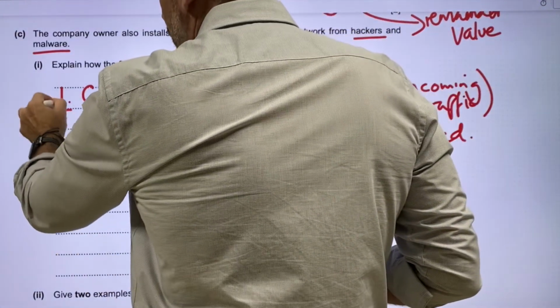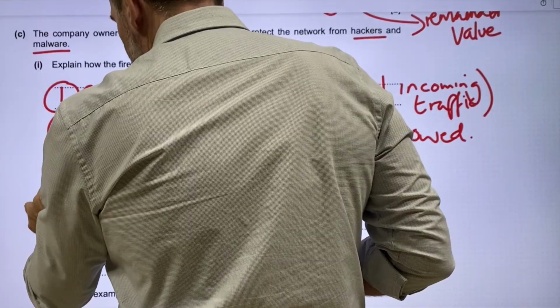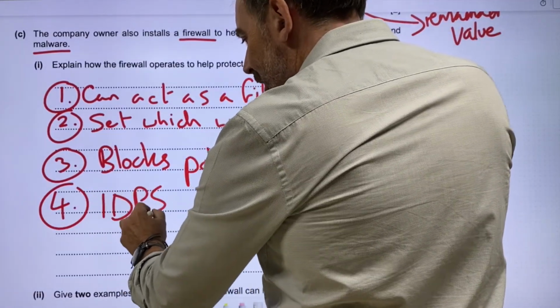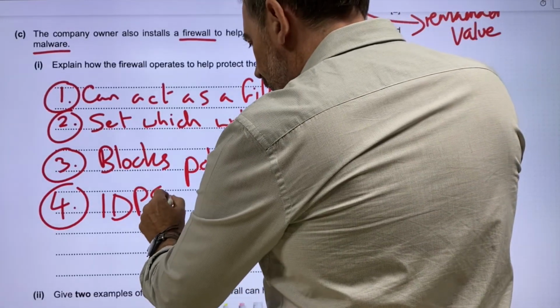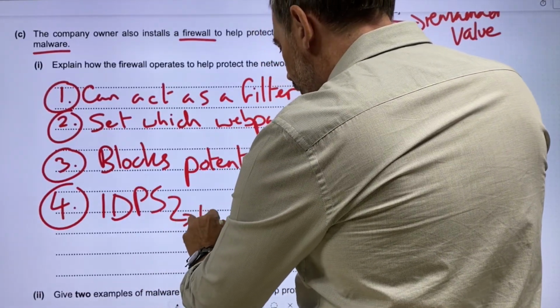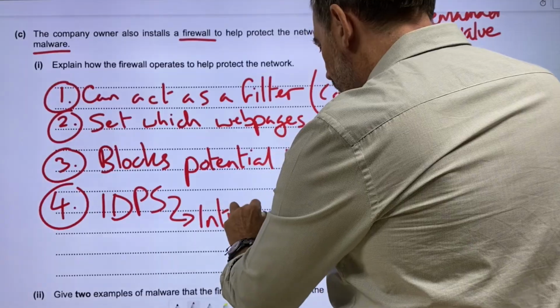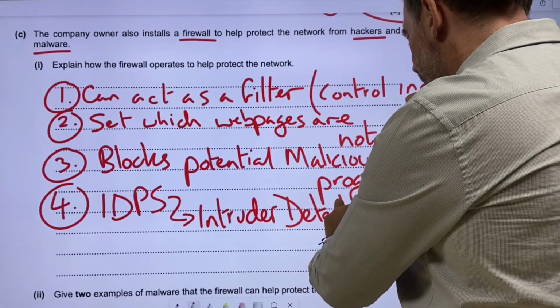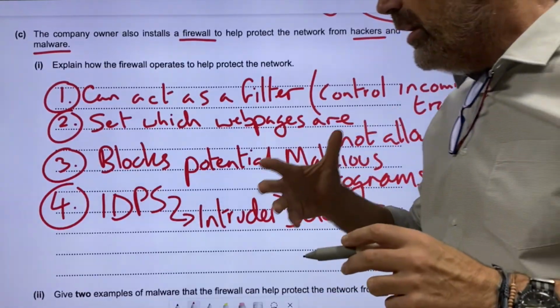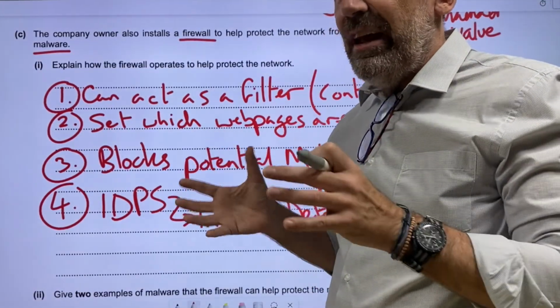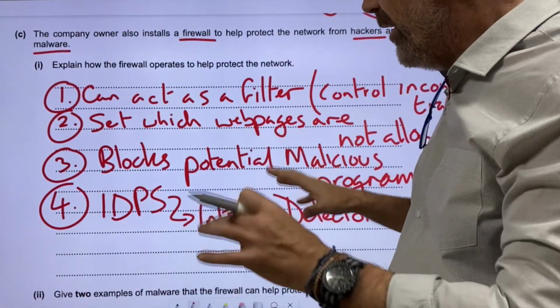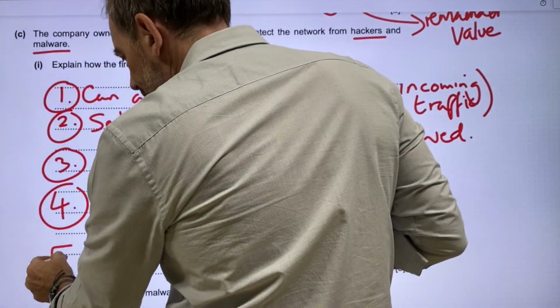Okay, 2, 3, 4, IDPS, intruder detection. So they can sort of filter, they can guess if there's any kind of robots or bots trying to access your information.